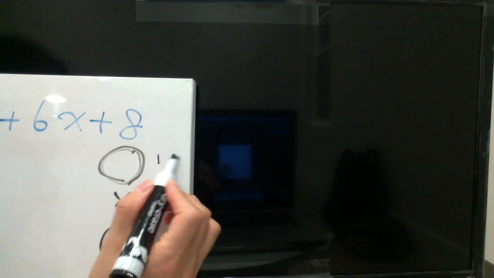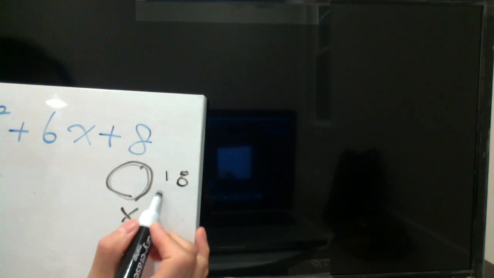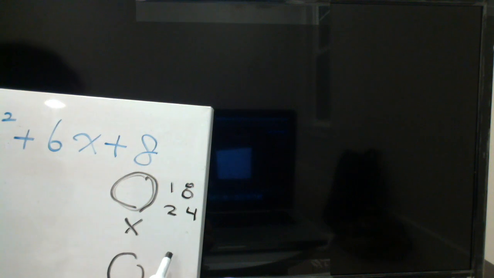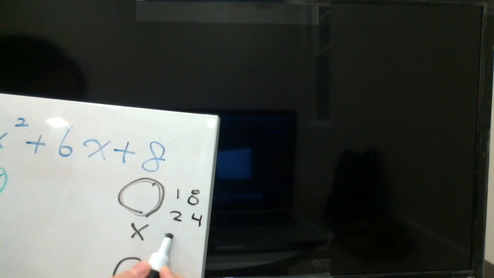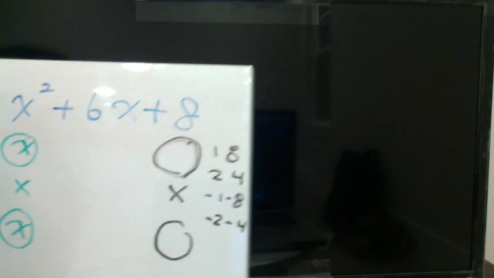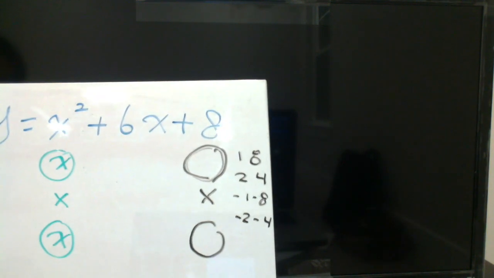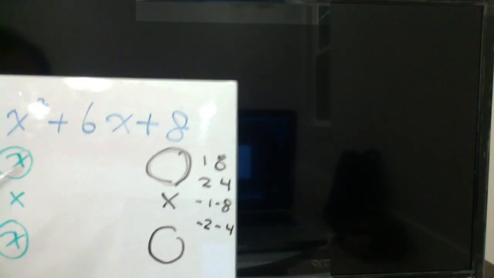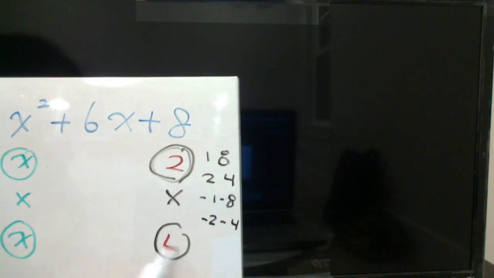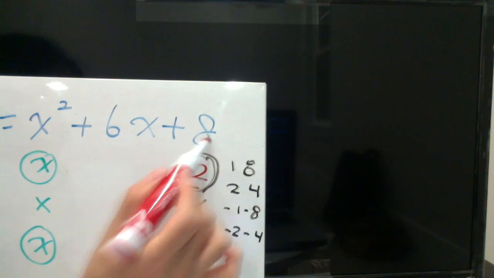Either 1, 8, 2, 4, I don't know, what else? -1, -8, -2, -4. So my pick is 2 and 4. Because 2 times 4 is 8.